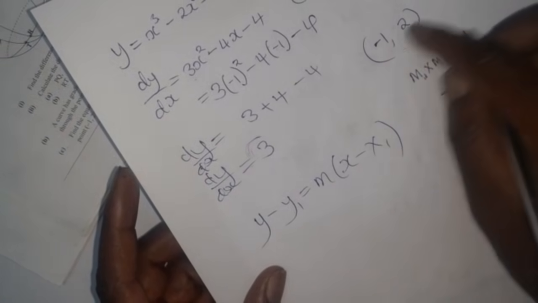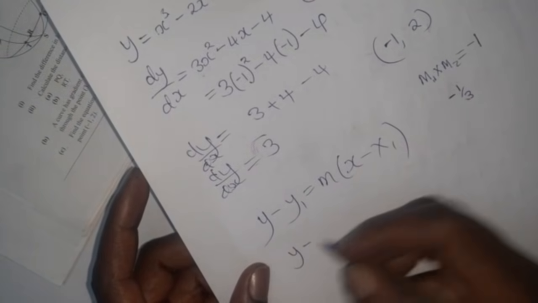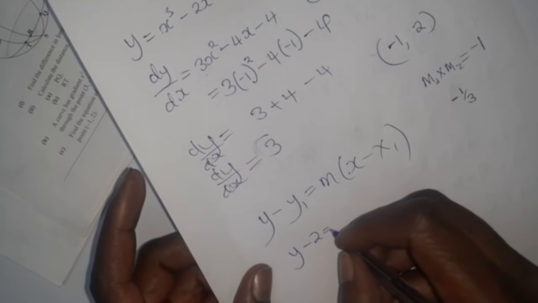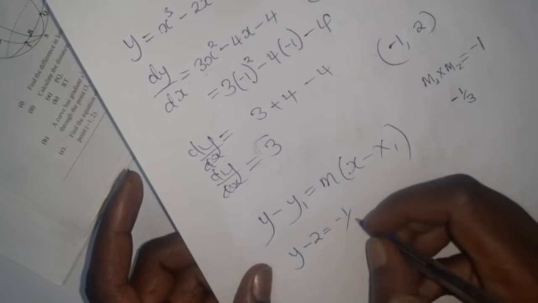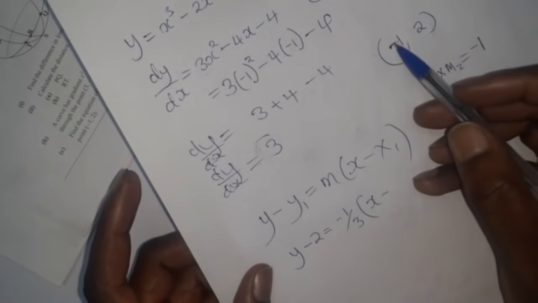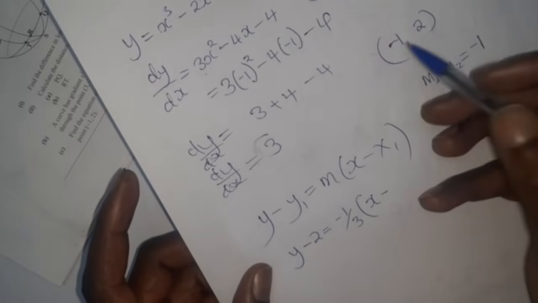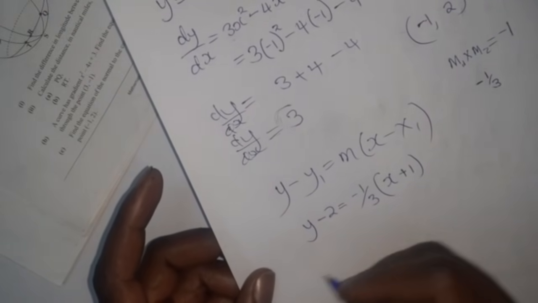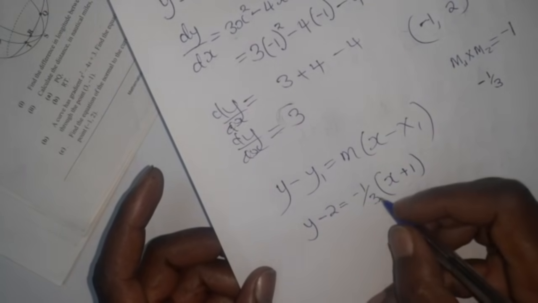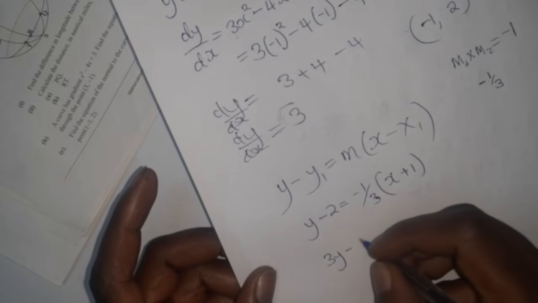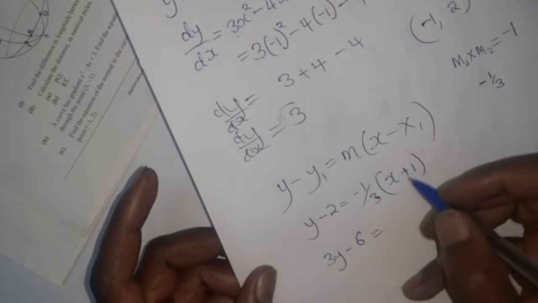Then the point will be these ones. So we have y minus 2 equals -1/3 times x minus, we have a minus and a minus here, so this will be plus 1. We can cross multiply: you bring the 3 here. 3 multiplied by y is 3y minus 6 equals -1 times (x plus 1).